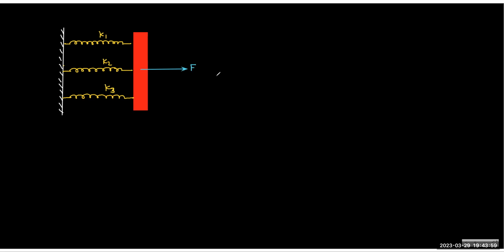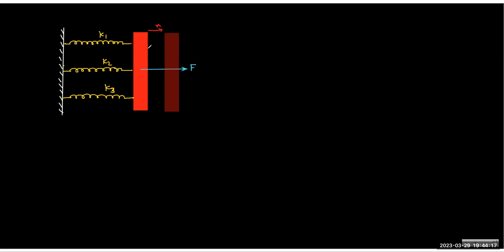So you're trying to pull not one spring, but rather three springs. And definitely, as you try to pull by the same value, let's say you pull this block, or the end of the spring, by value X. So as a result, what will happen?